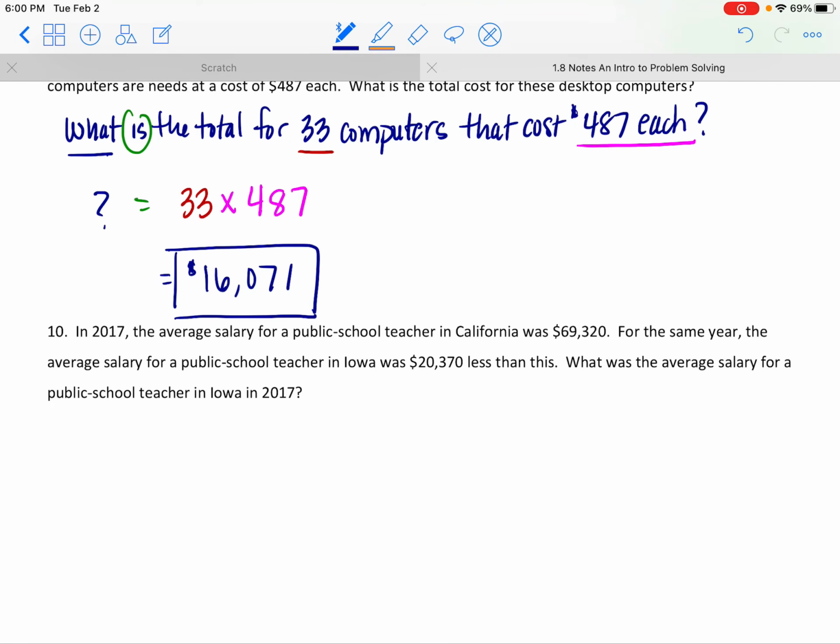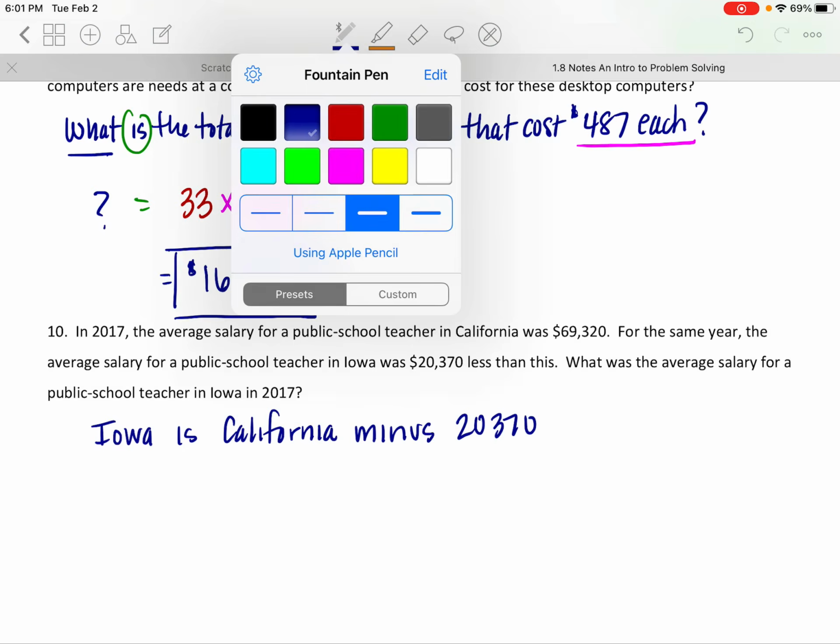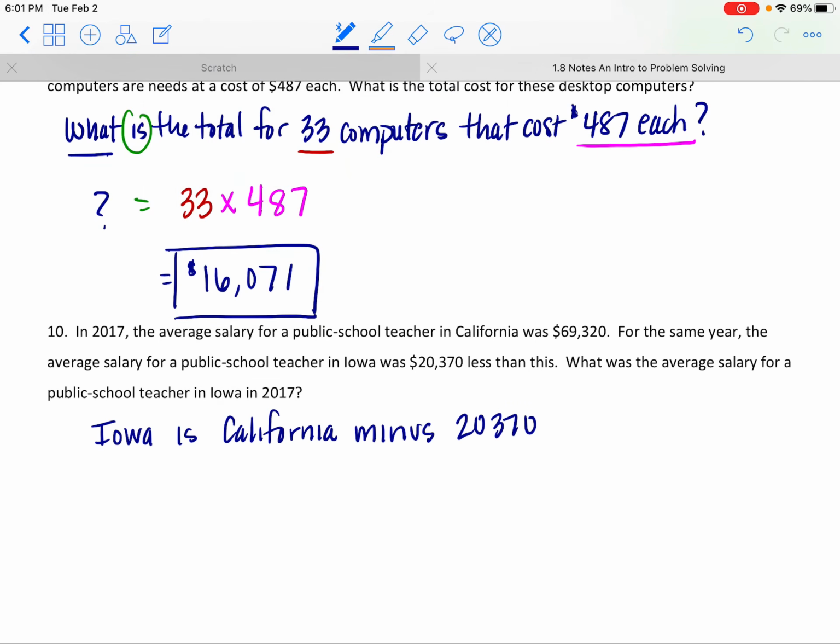So Iowa's salary, the salary in Iowa, is the California salary minus or less, 20,370. Okay, so Iowa was what we're trying to figure out. That's our question.